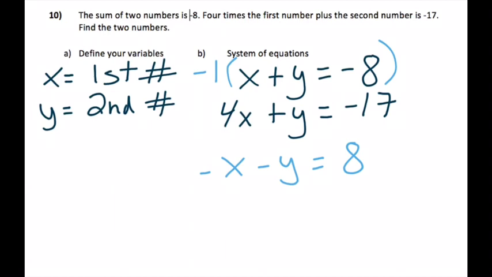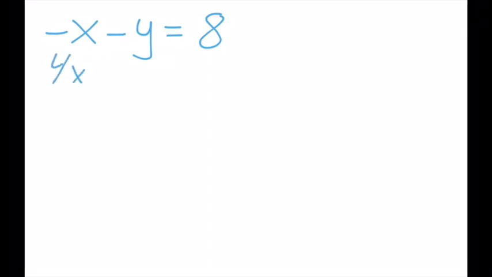Then I just write my second equation, 4x plus y equals negative 17. That way when I add these together, my y's are going to eliminate. I'm going to write that again. Negative x minus y equals a positive 8. Then 4x plus y equals a negative 17.